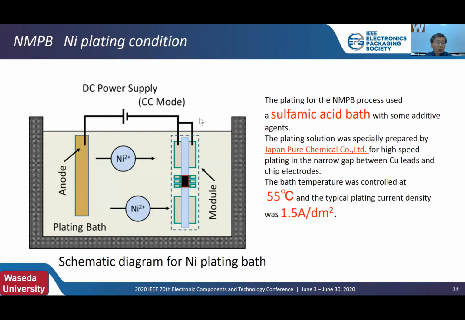The plating solution was specially prepared by Japan Pure Chemical Corporation for high-speed plating in the narrow gap between copper leads and chip electrodes. The bath temperature was controlled at 55 degrees C, and the typical plating current density was 1.5 amperes per square decimeter.